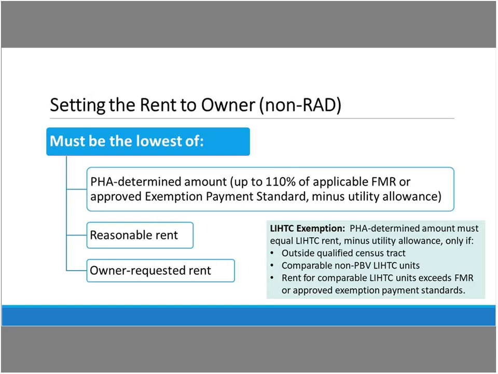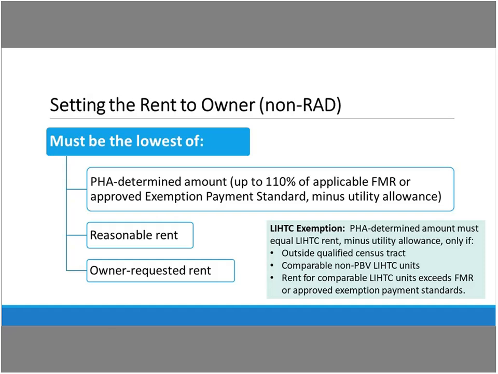The rent amount in the PBV context is slightly different than what we talked about with RAD. So the rent amount would be that FMR amount, or your approved payment standard if the housing authority has one, less your utility allowance. So that becomes the rent paid to the building through the HAP contract.